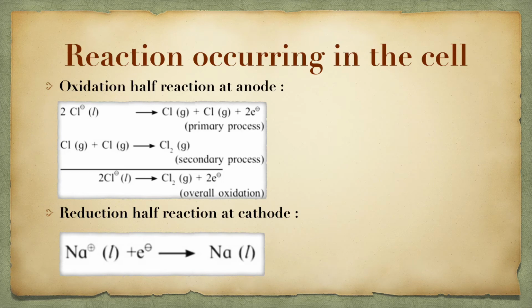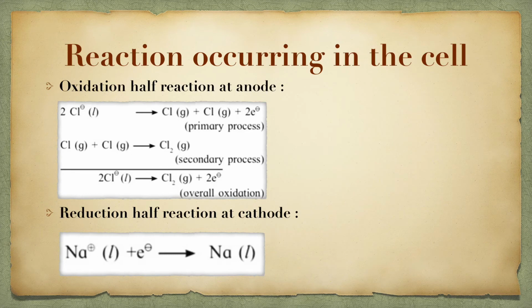Now how can you understand whether it is oxidation? Cl had a -1 charge. When it went to Cl, it is neutral. So -1 to 0, an increase in the oxidation number. So we can say it is oxidation. So the primary process, hopefully you understood.